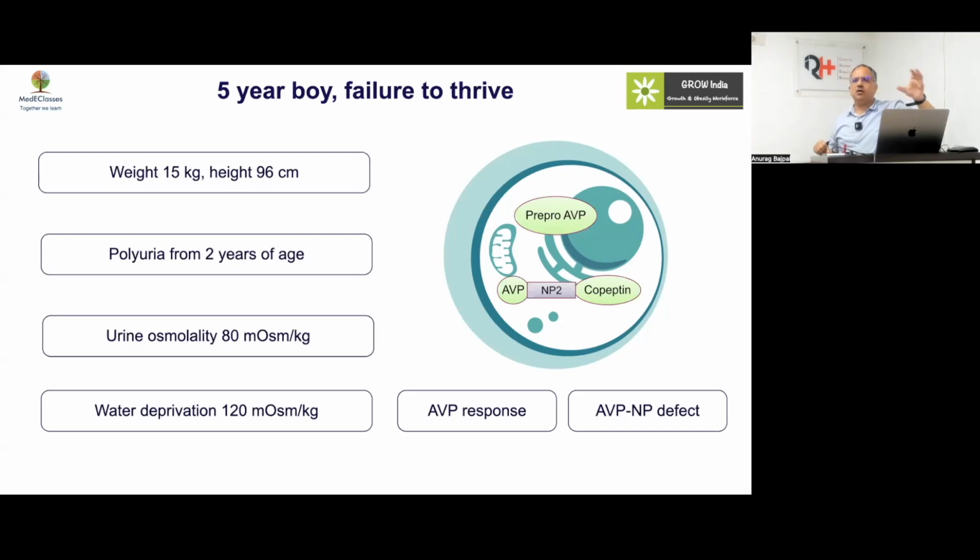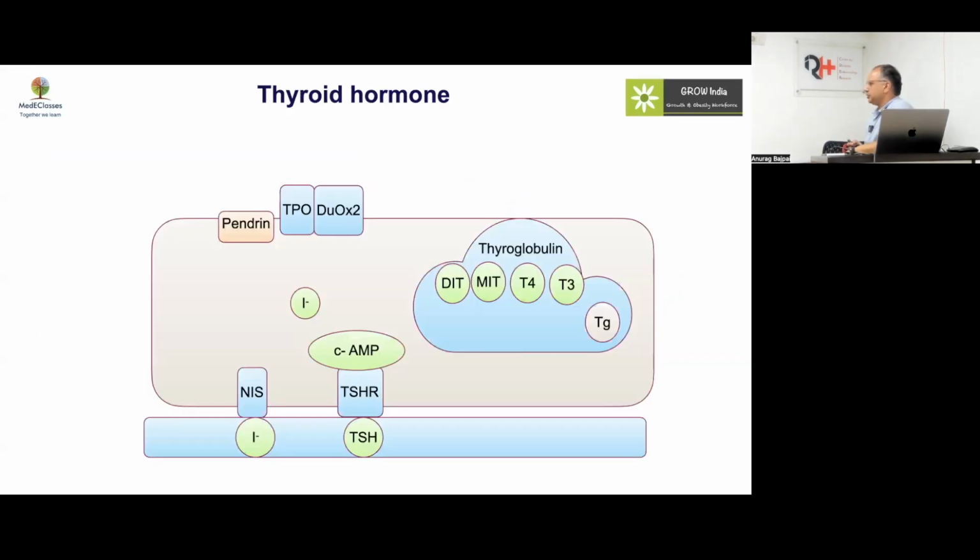So if your neurophysin is defective, your AVP may not be folded properly, and in the vesicles, it will just go into the cell and it will destroy those cells. So you will have the first hit, which is because of partial AVP deficiency, but the second hit will be because of the damage. So that's why it tends to present typically around 2 to 3 years. So it is a late presentation in that regard.